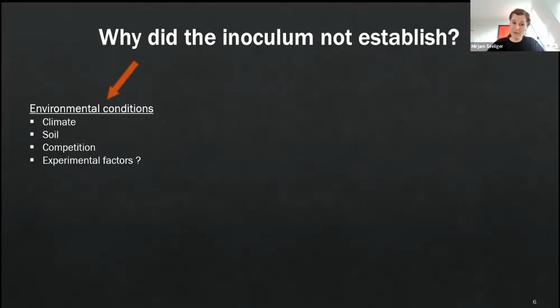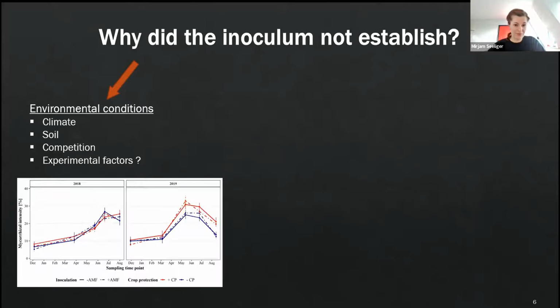For example, it could be environmental conditions, the climate, the soil, which was quite heavy, loamy soil. And it's the question if the mycorrhizae that are produced in sand beds can adapt to these very different soil conditions. Then, as I mentioned, the competition with native mycorrhizae, but also experimental factors.